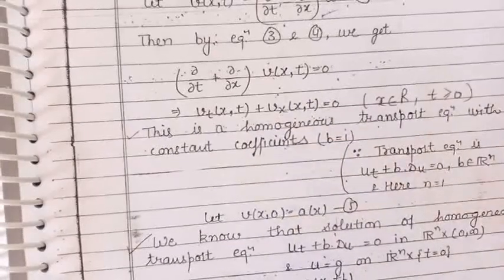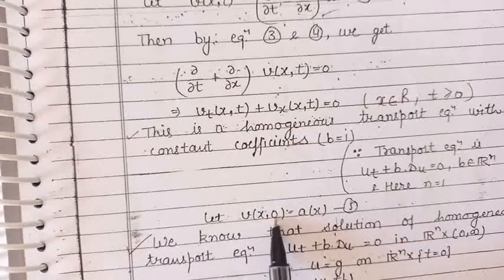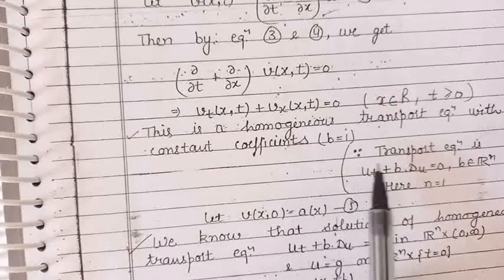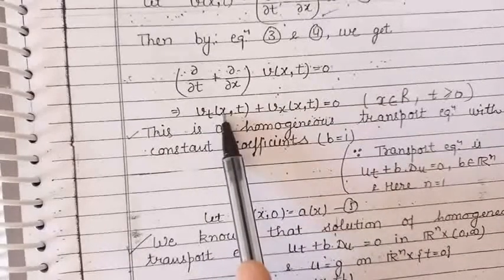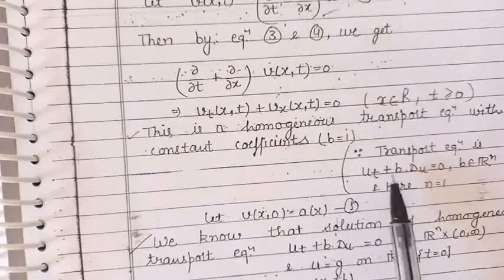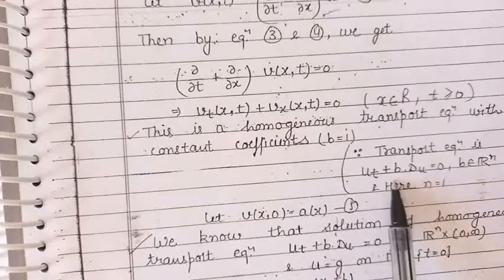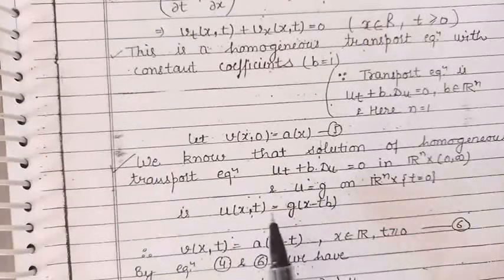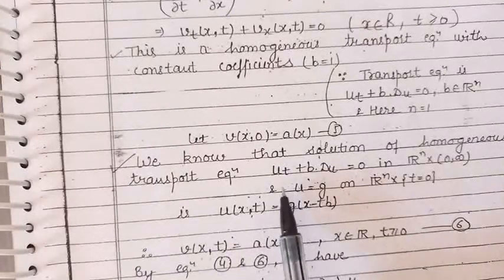Now let us suppose when time is 0, the value of function v is a, which is a function of x because t is 0 here. Now let us write the solution of the equation by using the formula for the solution of the homogeneous transport equation. We already discussed the solution of the homogeneous transport equation in the first section.